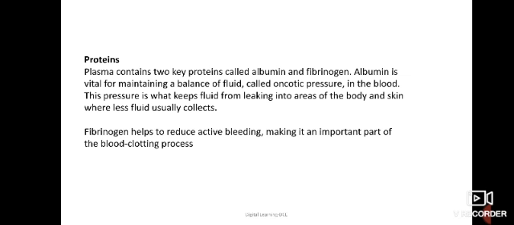Plasma contains two key proteins called albumin and fibrinogen. Albumin is vital for maintaining a balance of fluid. It is called oncotic pressure in the blood. This pressure helps to maintain the colloidal osmotic pressure across the capillary wall.